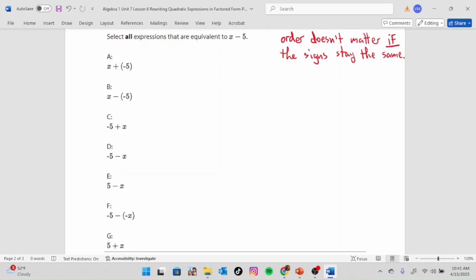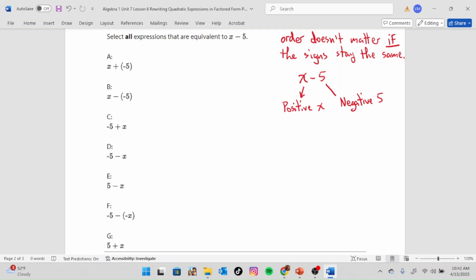Okay. So if I want to know which ones are equivalent to x minus 5, then what I need to understand is that I have a positive x and I have a negative 5. So as long as these stay the same, then they are going to be equivalent.